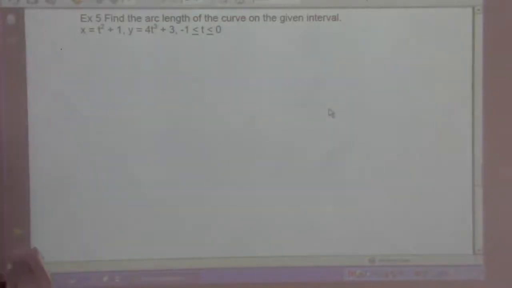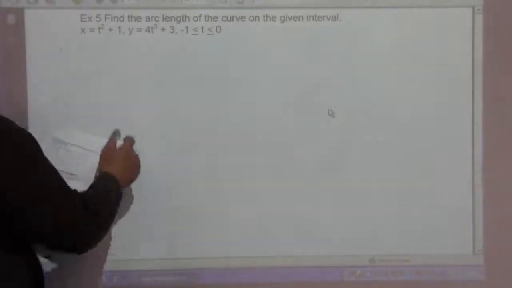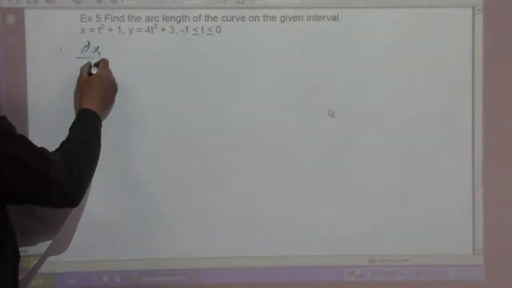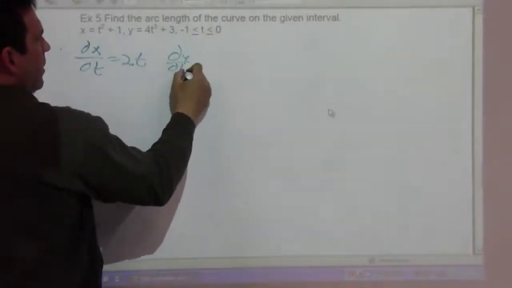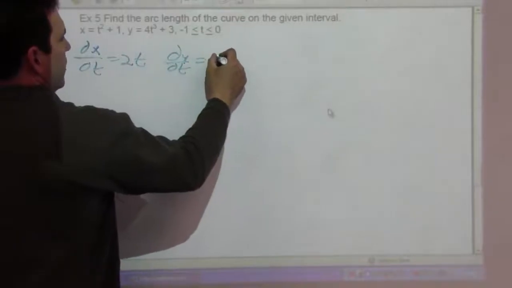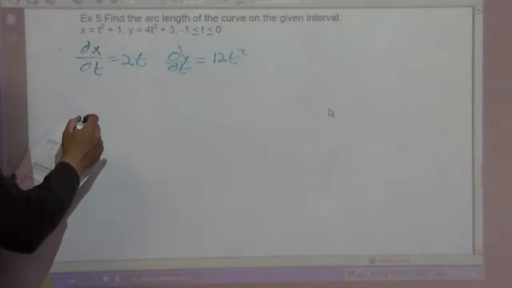So find the arc length of the curve on the given interval, x equals t squared plus 1, y equals 4t cubed plus 3 from negative 1 to 0. So our dx/dt is 2t, and our dy/dt is going to be 12t squared.